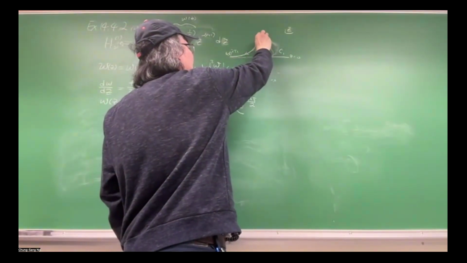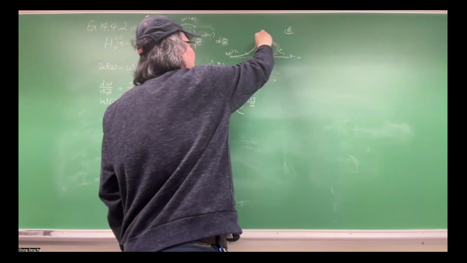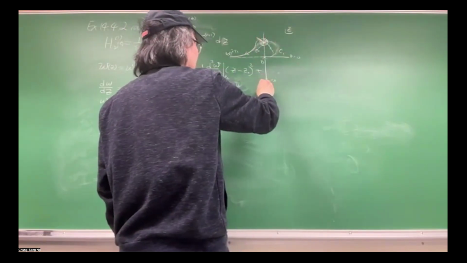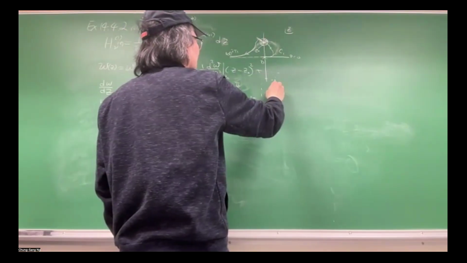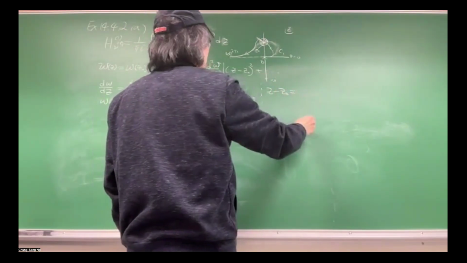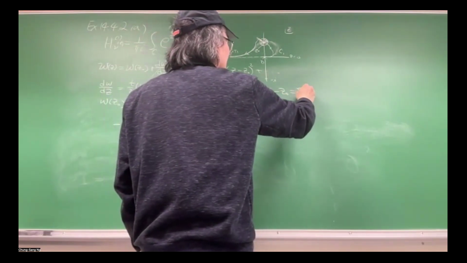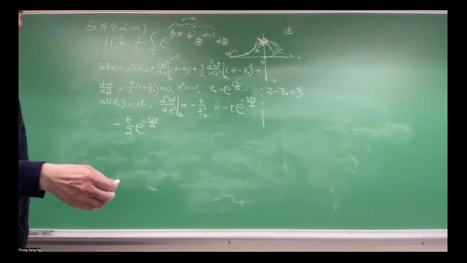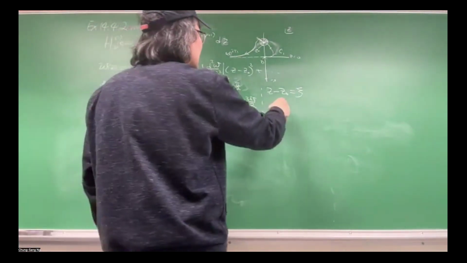If the path is like what we have, you can define the new variable c minus c sub 0 as c. Define that as c.